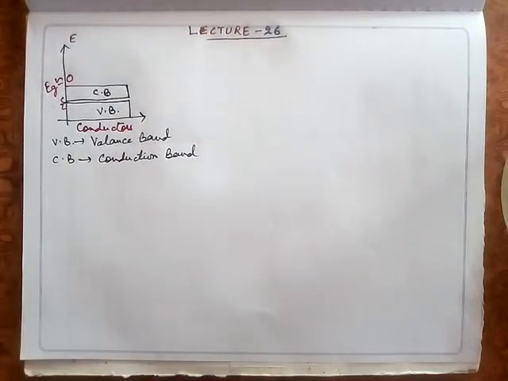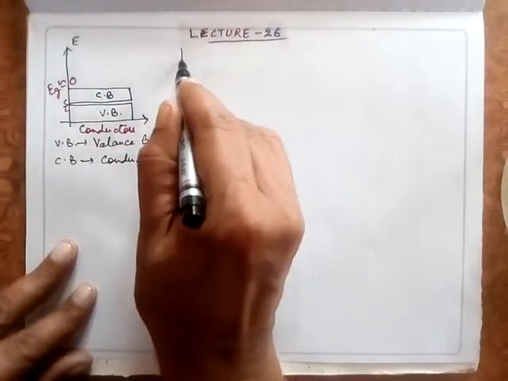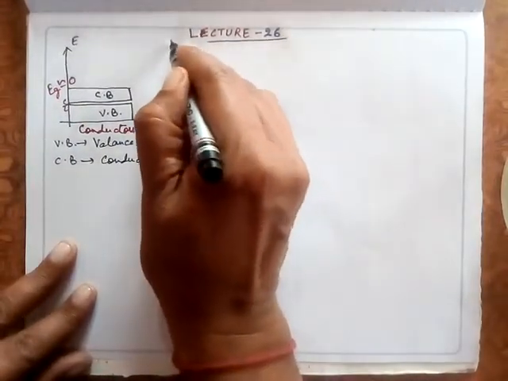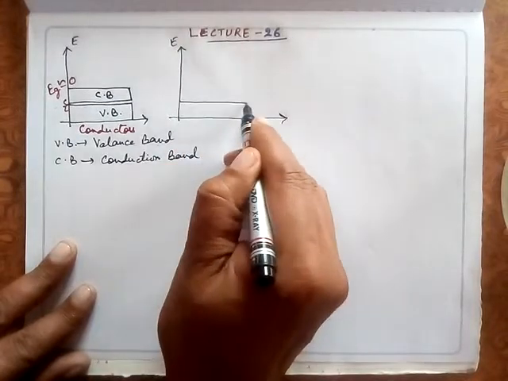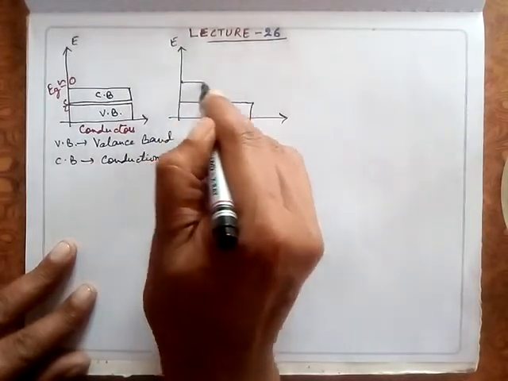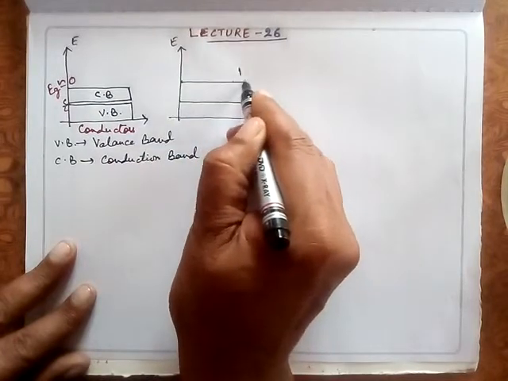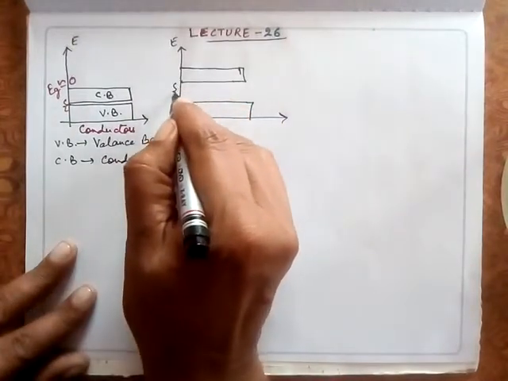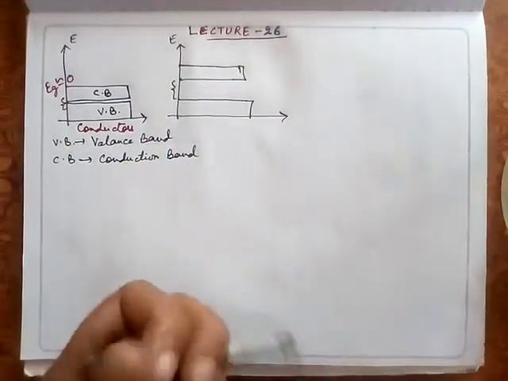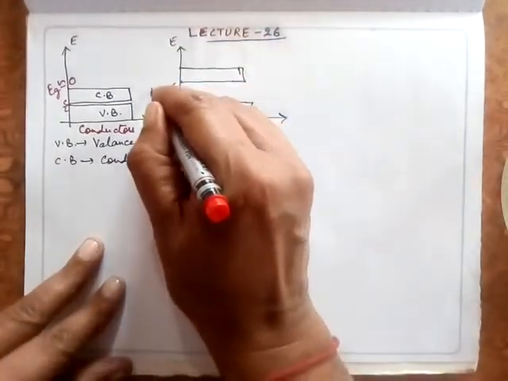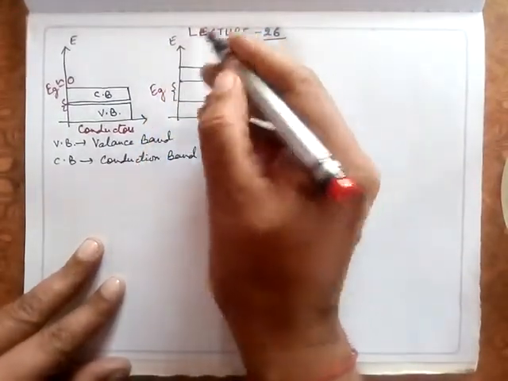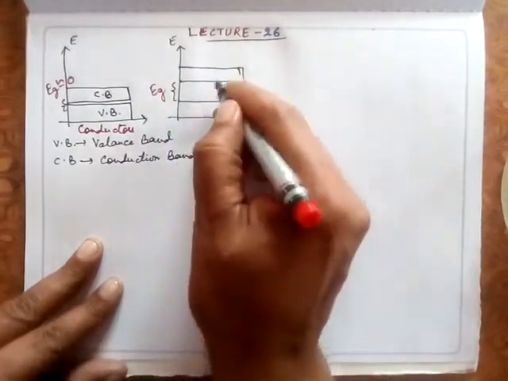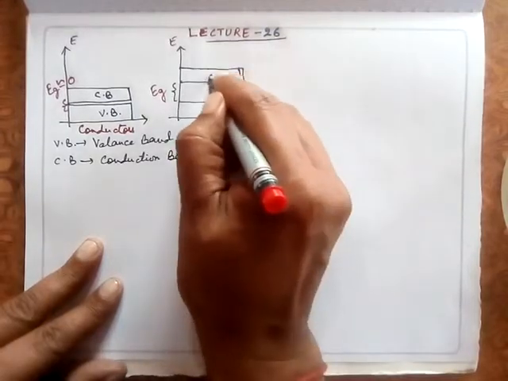On the other hand, in case of a semiconductor, this is energy on this side, this is the valence band, and this is the conduction band.